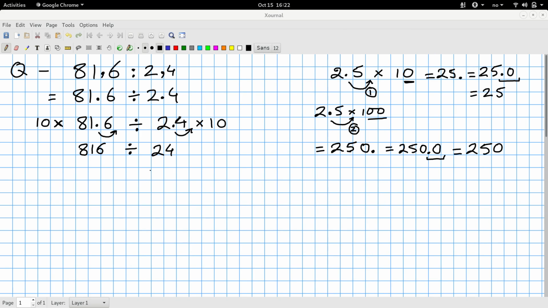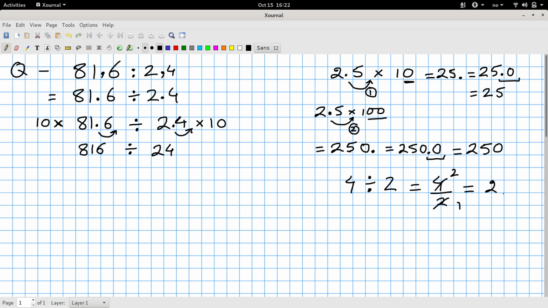Now anything divided by anything else is basically reduction, right? If we divide 4 by 2, it basically becomes 2 ones are 2 and 2 twos are 4, so it becomes 2 in short.